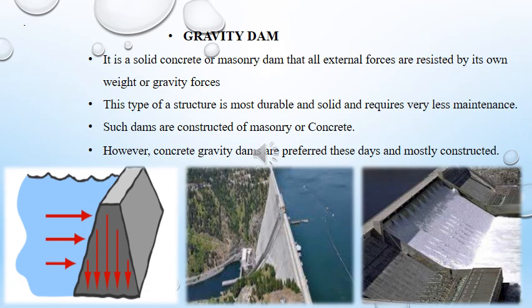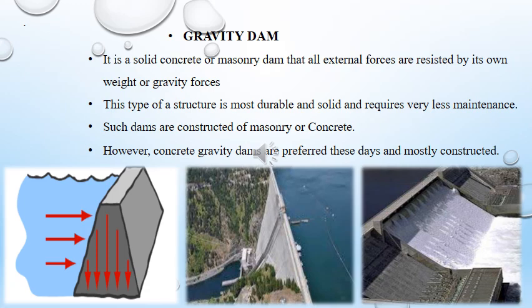The most ancient type of gravity dam, constructed in Egypt of uncemented masonry, dates back to 4000 years BC. Archaeological experts are of the view that this dam was maintained in perfect condition for more than 45 centuries.